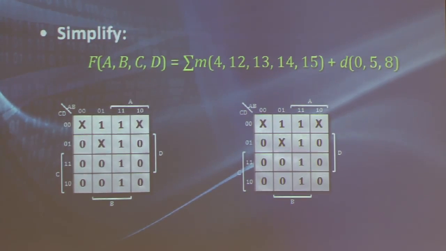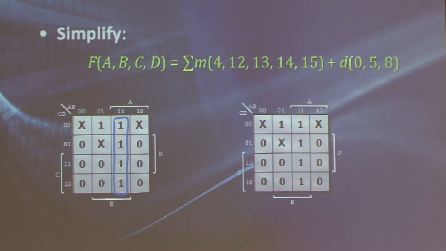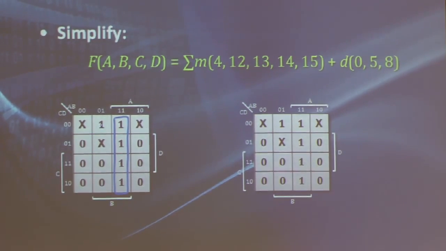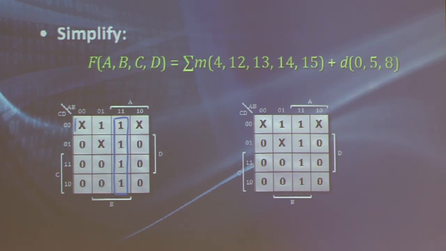So one option, and again I want to make the largest groups possible. I'm still after grouping all the ones, possibly grouping the X's or the don't cares in there or not. So one option, since I still need to account for this one here and I do want to make the largest group possible, is to take this group here.